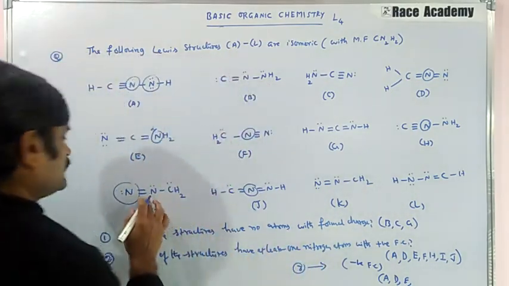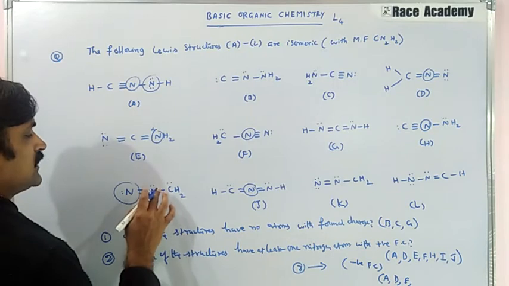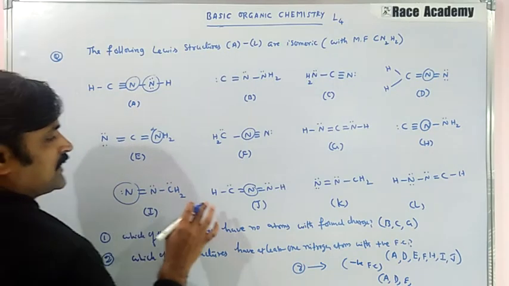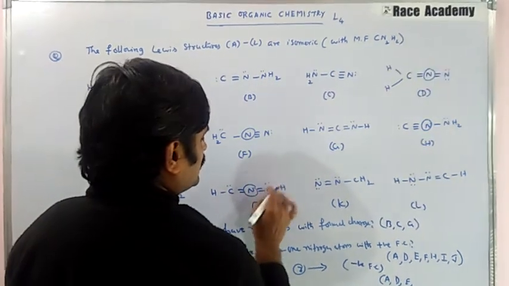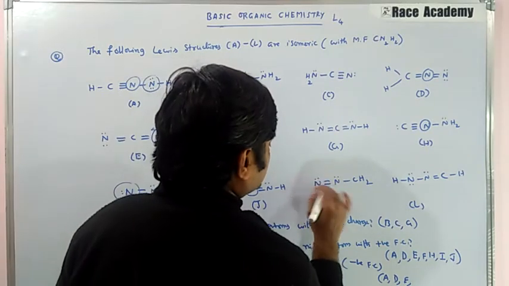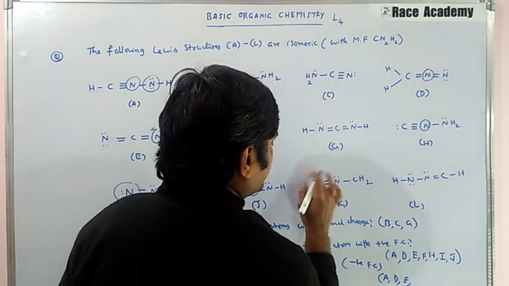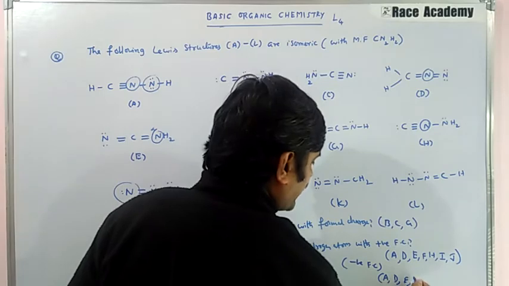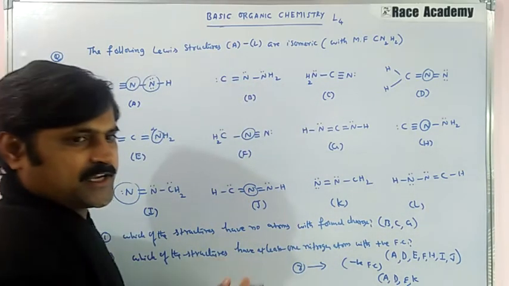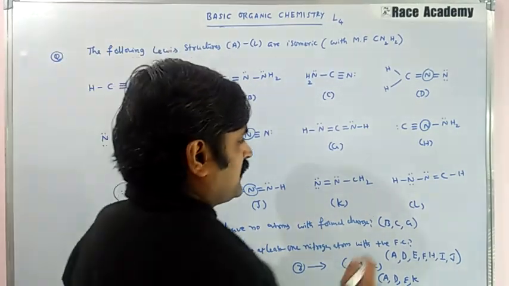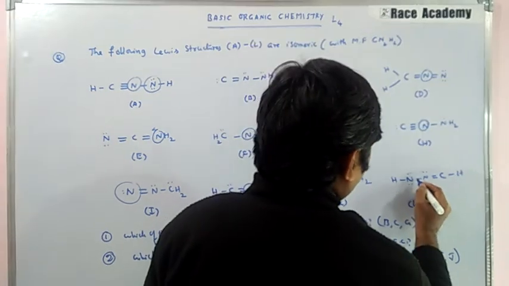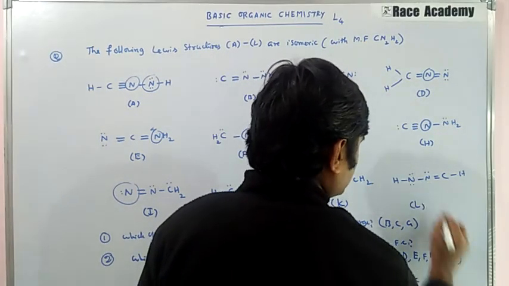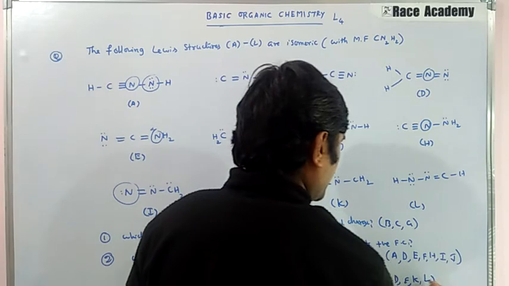So if you take this one, here 5 are there, here 5 are there, here 6 are there. Here 6 are there, so negative will come for this nitrogen. So K, A, D, E, K. Yes, I will see this one also. Yes, this is having 6 are there. So definitely I will include L also in this.